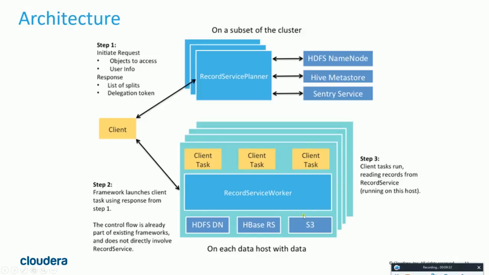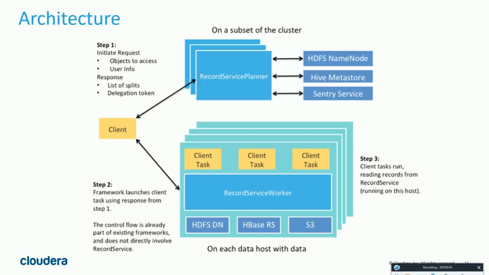So next we have the record service workers. These execute tasks and return reconstructed files or records. In this sense, it would be records because they went through abstraction. And compute frameworks such as MapReduce, Pig, Spark will launch the map tasks on the worker node.